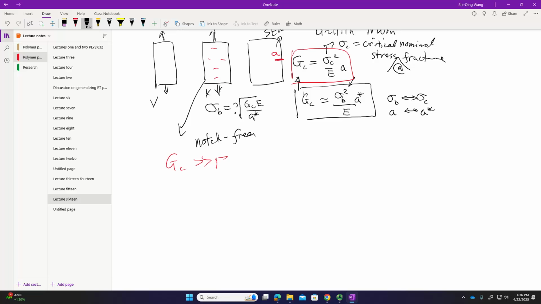It goes back to what is the surface tension?